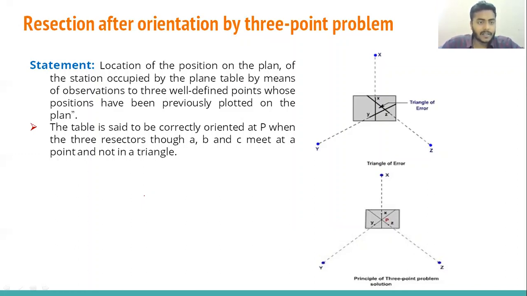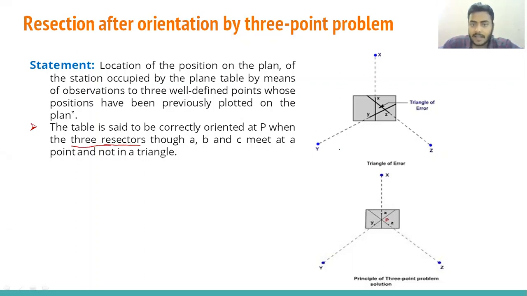It means orientation is not done properly, that is, the table is not properly oriented, so we have to reduce that error. We have to reach the situation where all the three rays meet at a point.